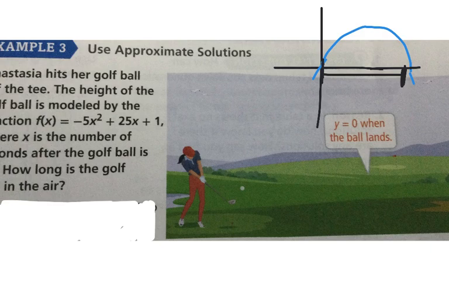So if it were me, I would put this in my graphing calculator. So I'm going to put in -5x squared plus 25x plus 1. I'm going to click table set. I'm going to start at 0. Delta table is 1. And I'm going to look at the table. I think I put something in wrong.